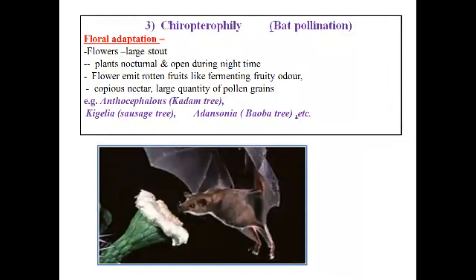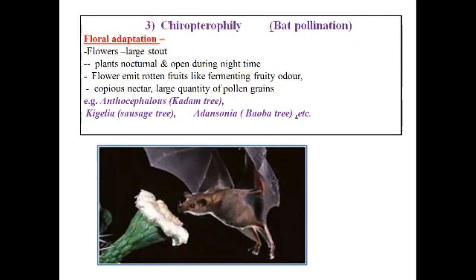The next one is chiropterophily. What is chiropterophily? Pollination by bats is known as chiropterophily. The bat is a nocturnal mammal, and this bat helps in the transport of pollen grains.